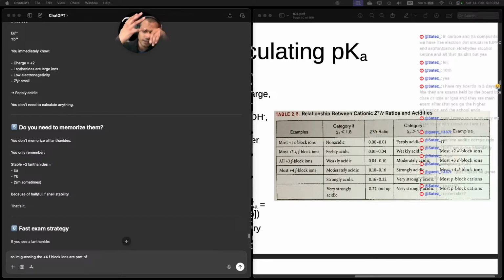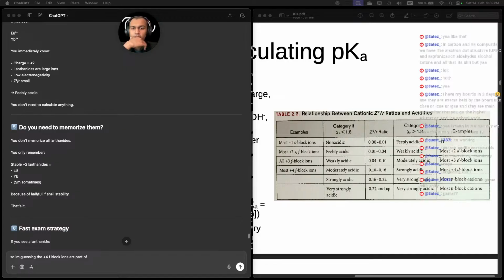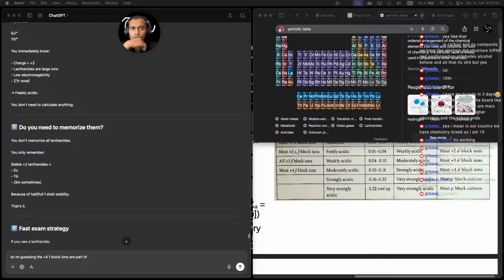Meth, eth, prop, but, pent. Yeah, okay. It's just the number of carbons and naming. Okay. Electron dot structure, what was that about? I know my mind is coming up with something. Okay. You just draw the outermost electrons.